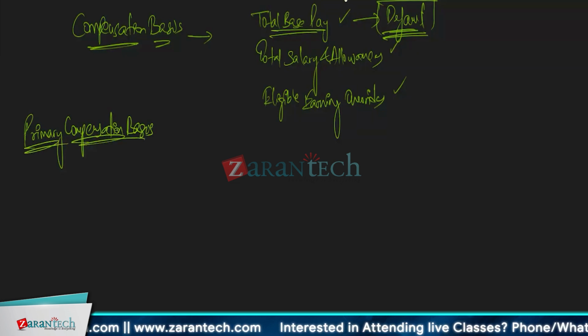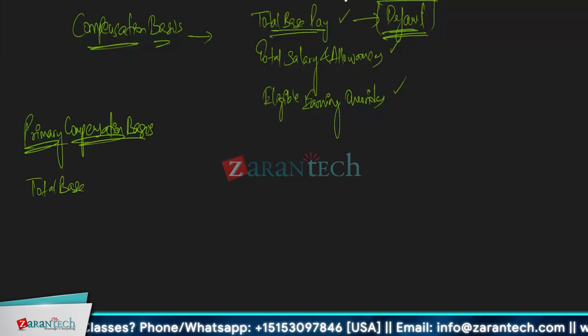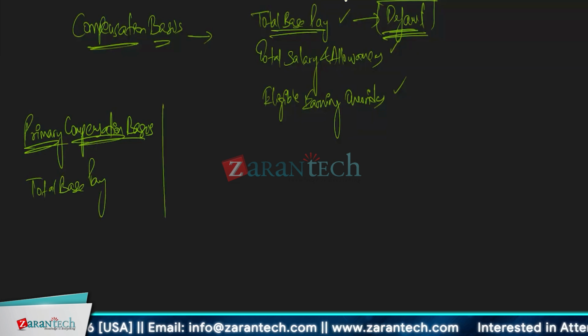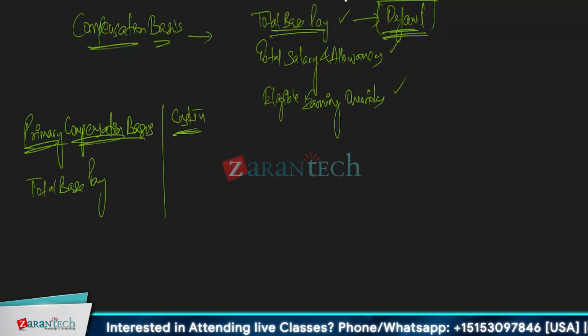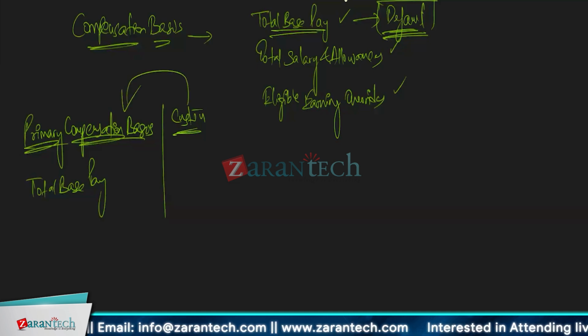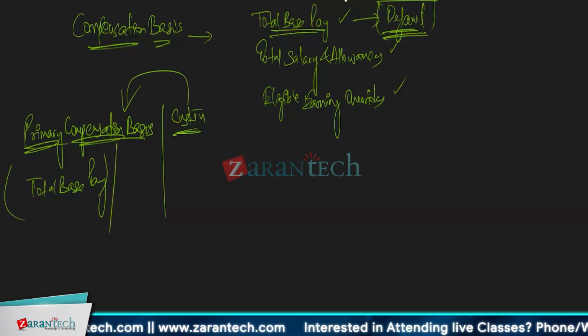By default, the primary compensation basis is total base pay. However, if you want to define a custom comp basis, let's say you defined a custom compensation basis, if that custom compensation basis is eligible for the worker, that will become the primary compensation basis, but total base pay is still going to be available as a value on the compensation profile.